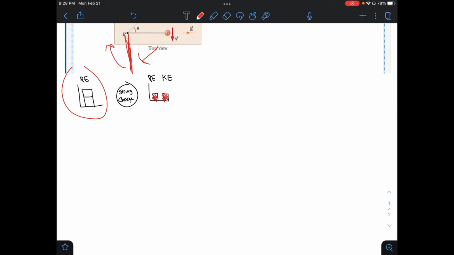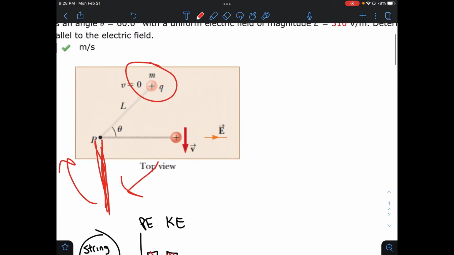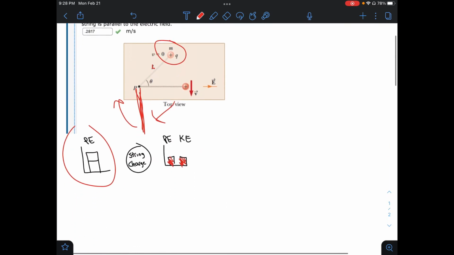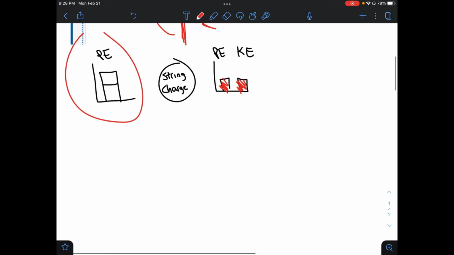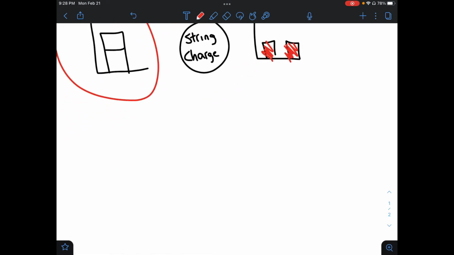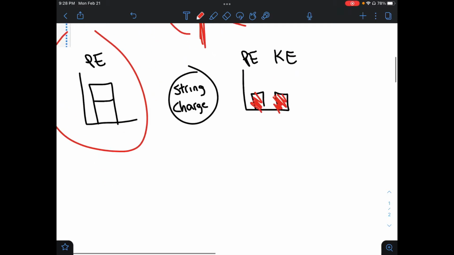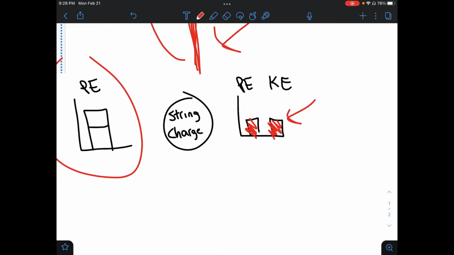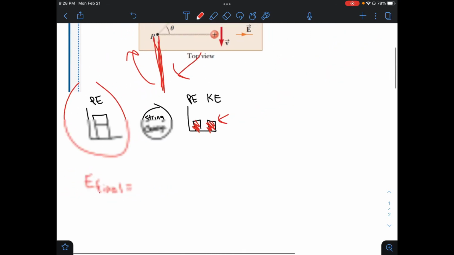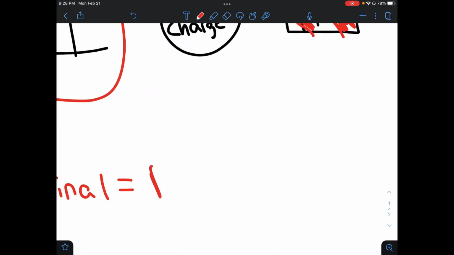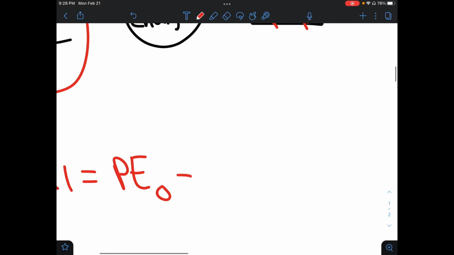Alright, okay, that's our length. The formula we're going to be using: to find our final, we're going to subtract the kinetic from our original potential. So our final is going to equal our initial potential minus the kinetic we find.